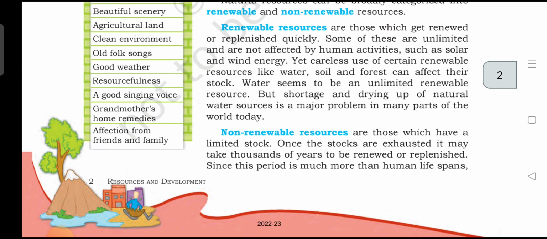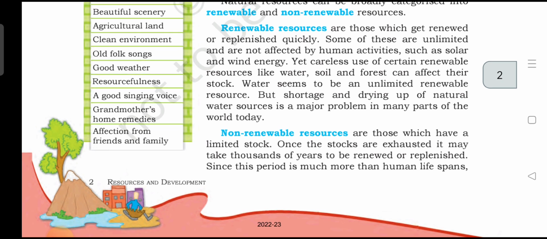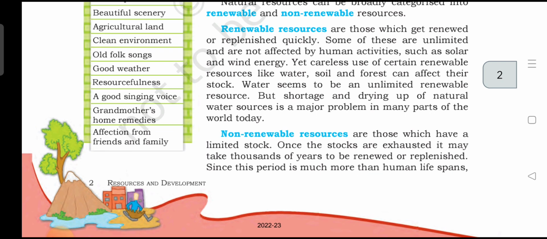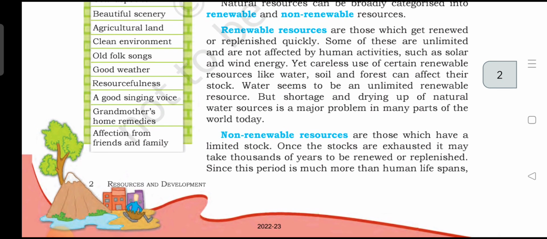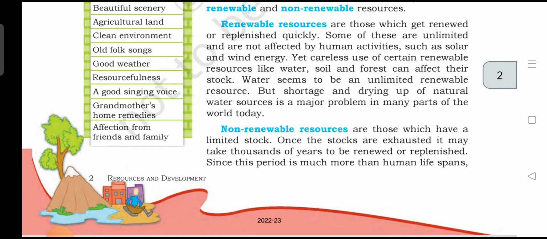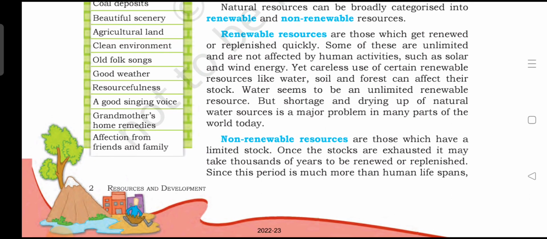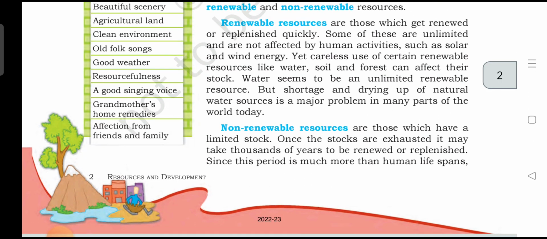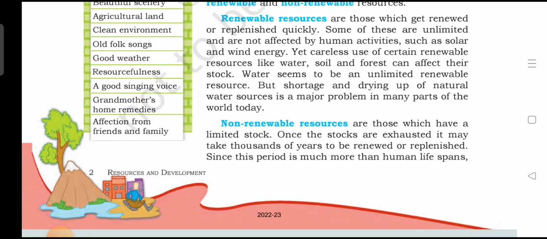Yet careless use of certain renewable resources like water, soil and forest can affect their stock. Sometimes we use resources like water, soil and forest very carelessly. If we use them badly, do not take care of them and waste them unnecessarily, then the stock of these resources in nature will get finished. And dear students, you will be very surprised to know that it takes almost 1,000 years for them to come back in nature.